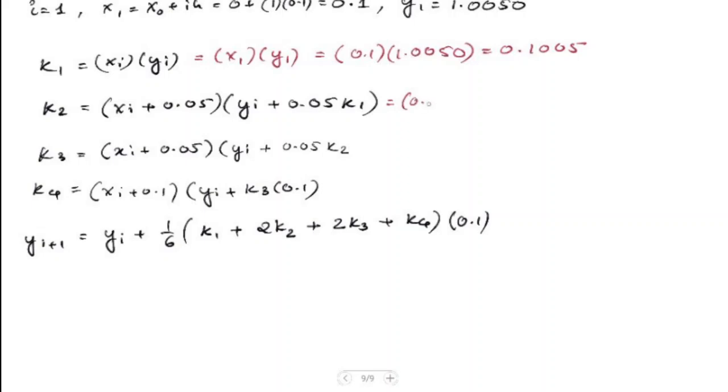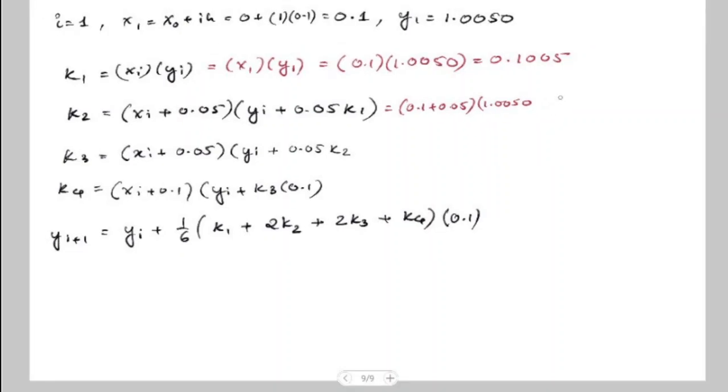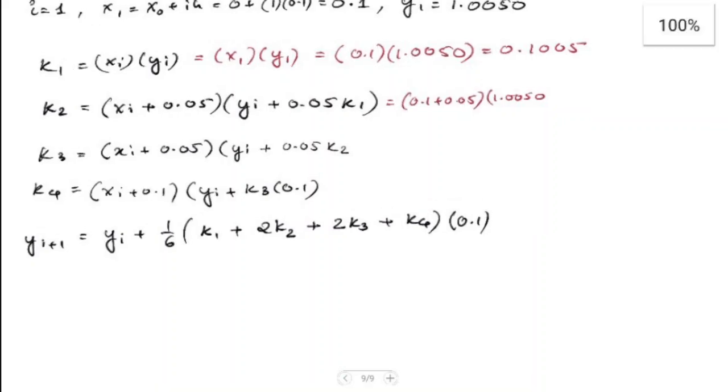Here we have 0.1 plus 0.05 times y1, which is 1.0050 plus 0.05 times k1, which is 0.1005, and that will give us the value.